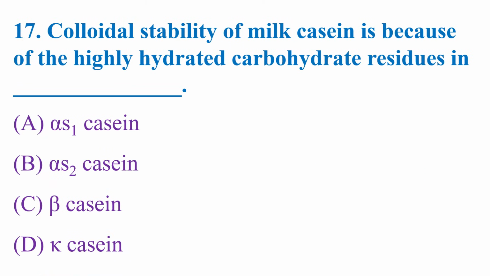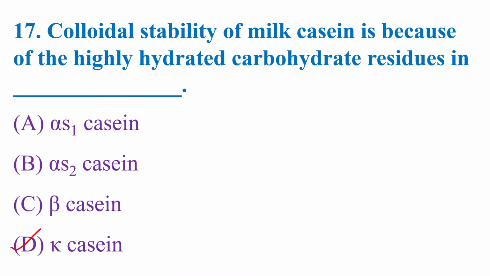The colloidal stability of milk casein is because of the highly hydrated carbohydrate residues in which option: alpha S1 casein, alpha S2 casein, beta casein or kappa casein. So over here my correct option will be option number D, that is kappa casein.